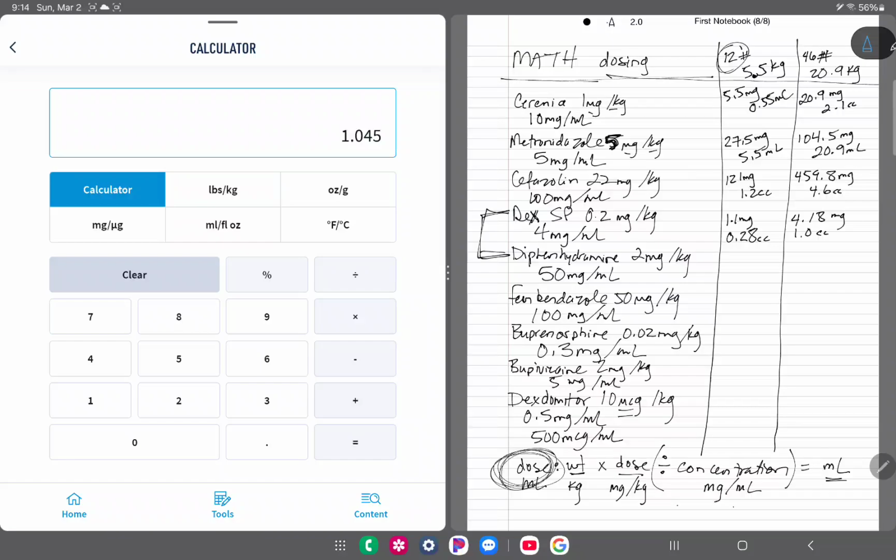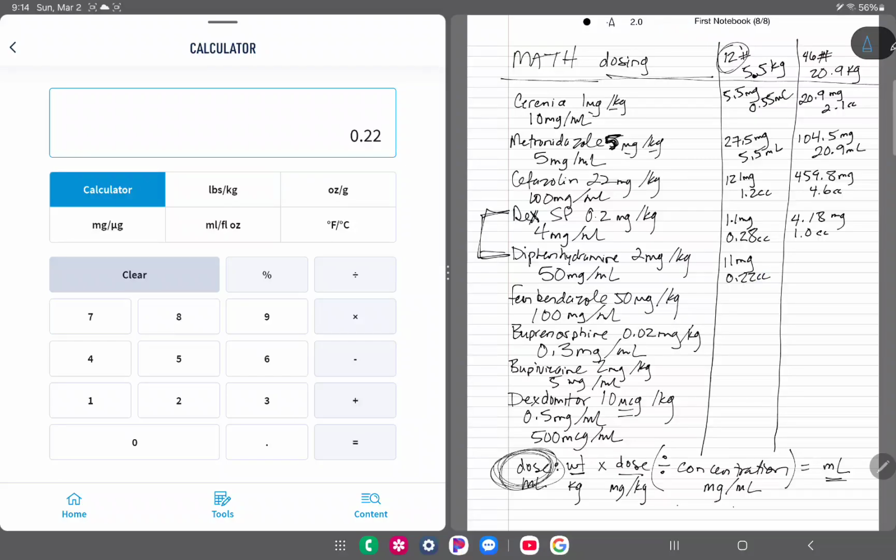Otherwise, we'll continue on. Next one is diphenhydramine. That same poor cat got bit by a bee. So we're going to take weight times dose, which is 2, and you're going to get 11 mg. Then you're going to divide that by concentration, which is 50, and you get 0.22 cc's.